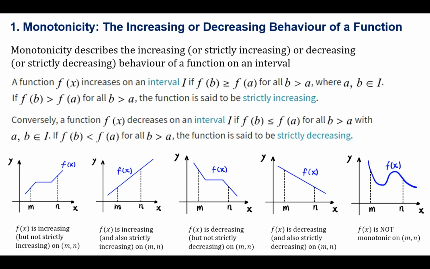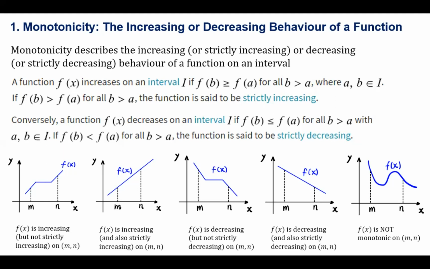In the fourth graph, for any a less than b in this interval from m to n, we have f(a) greater than f(b). Therefore, we say f(x) is decreasing and also strictly decreasing on the open interval from m to n. And in the last graph, apparently, this is not monotonic on m to n.